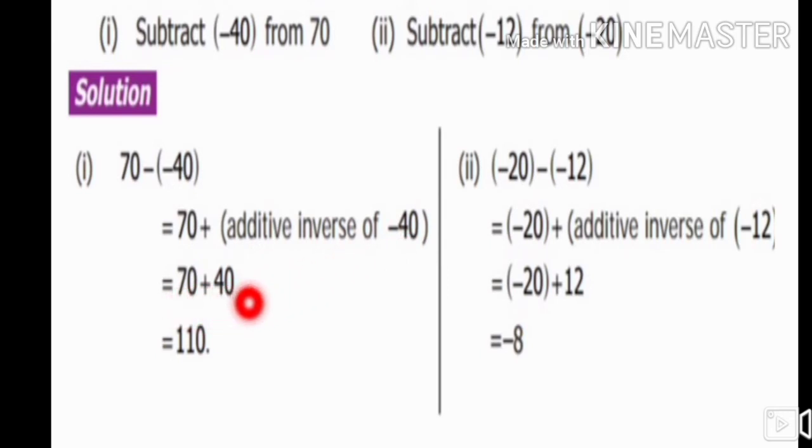Therefore, 70 plus 40 gives 110. Similarly, minus 20 plus additive inverse of minus 12. We know that additive inverse of minus 12 is plus 12. That is minus 20 plus 12, which gives minus 8.